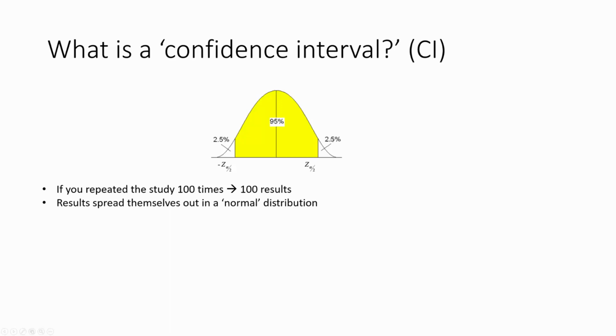So the results spread themselves in a normal distribution if you simulate doing this test lots and lots of times. The 95% confidence interval basically means that you remove the theoretical 5 most extreme results from either end, so 2.5 from the lower end and 2.5 from the upper end, and this gives you your so-called 95% confidence interval.